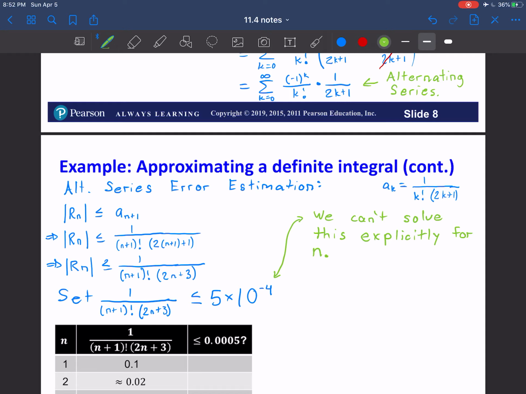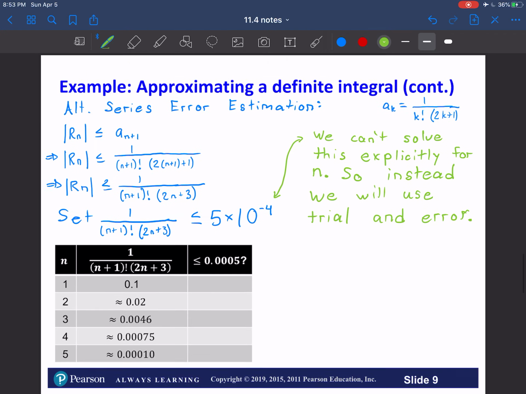So the alternative here is just to guess and check. We are going to try a bunch of different values for n and see if they produce a value that is less than 10 to the negative fourth. Let's use this chart here.